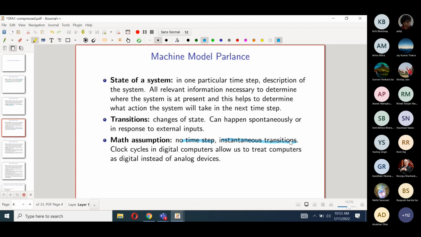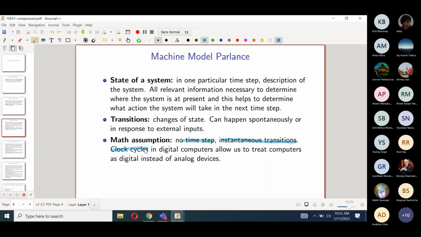It's not going to be as if from 1 I can go to some intermediate state and then finally end up in state 2. These are not far-off mathematical assumptions, because if you think of clock cycles in digital computers, clock cycles maintain the fact that in a particular time step, the processor is making one calculation.